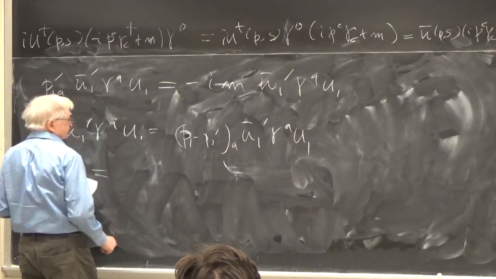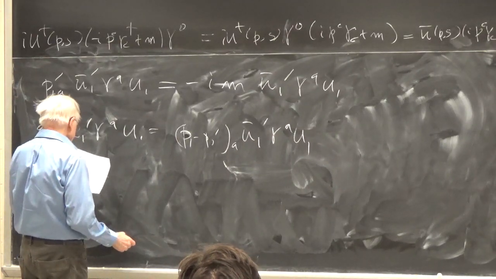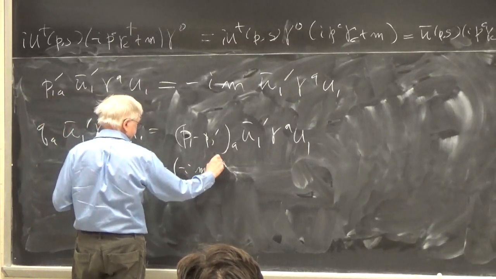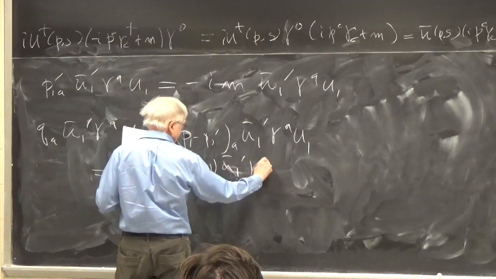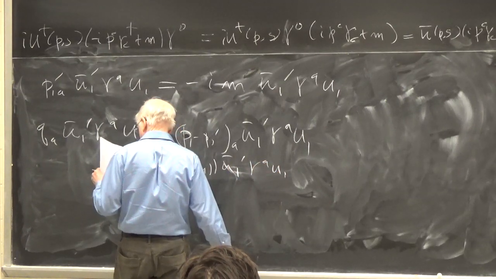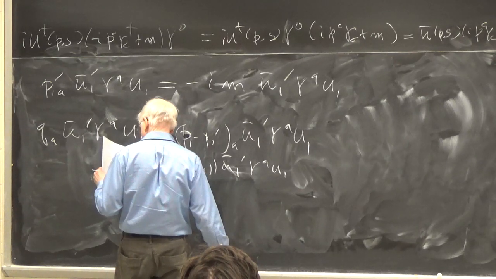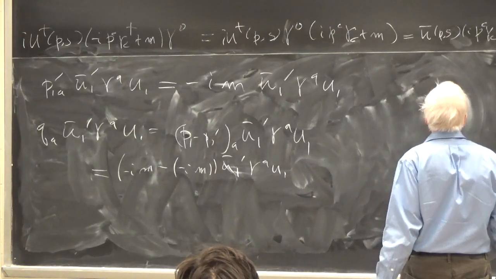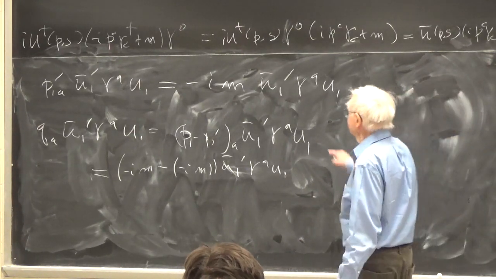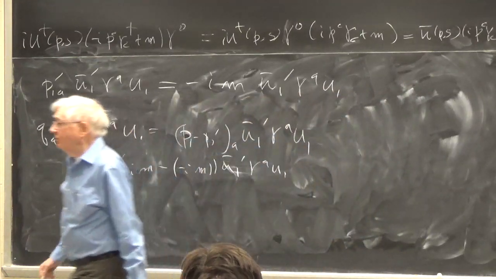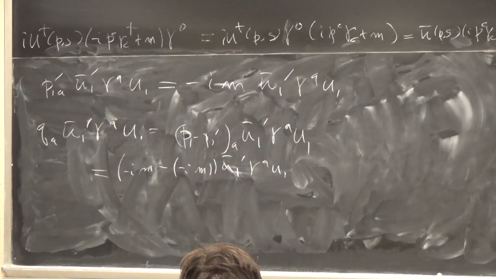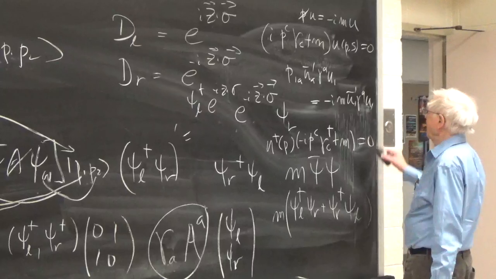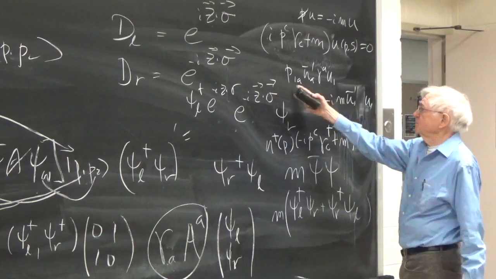So this is then 0 because this is minus i m minus i m, u bar 1 prime gamma a u1. In fact, there isn't any gamma a left. Yeah, this was a mistake here. So let's see if there's another one over here. Yeah, this is a mistake. The gamma a is gone when you do this.